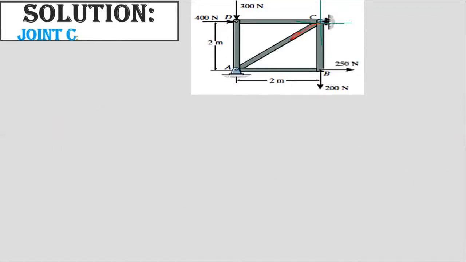There is one member force here, this is another member force, and there is one support reaction here. So you can see there is FCA, this one is FCB, which we have already calculated earlier, and this one is FCD.